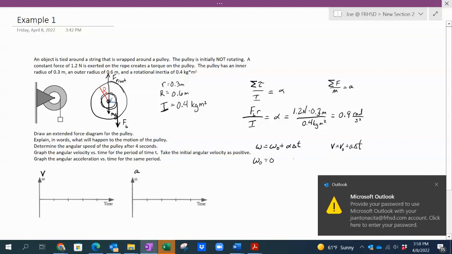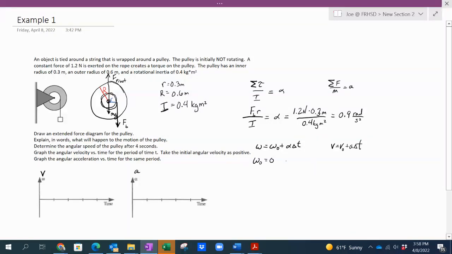Our initial angular speed is 0. Our acceleration is 0.9 radians per second squared. Our final angular speed we don't know. We know the time is 4 seconds. We can use the same expression we would for linear motion, but with its angular counterparts.